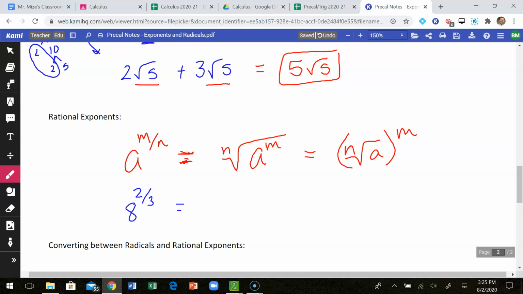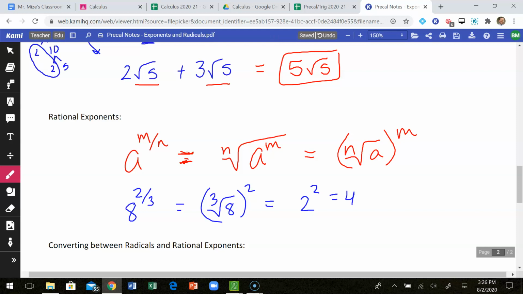Think of it as power over root, and roots, like tree roots, are on the bottom, so I know that my root is going to be the 3, and my power is going to be the 2. Now, I would suggest you do the root first. If you do the root first, you're going to deal with smaller numbers, right? So the cube root of 8, what multiplied by itself 3 times is going to give us 8. That's going to be 2. And then I need to square that, and that's going to give me 4.